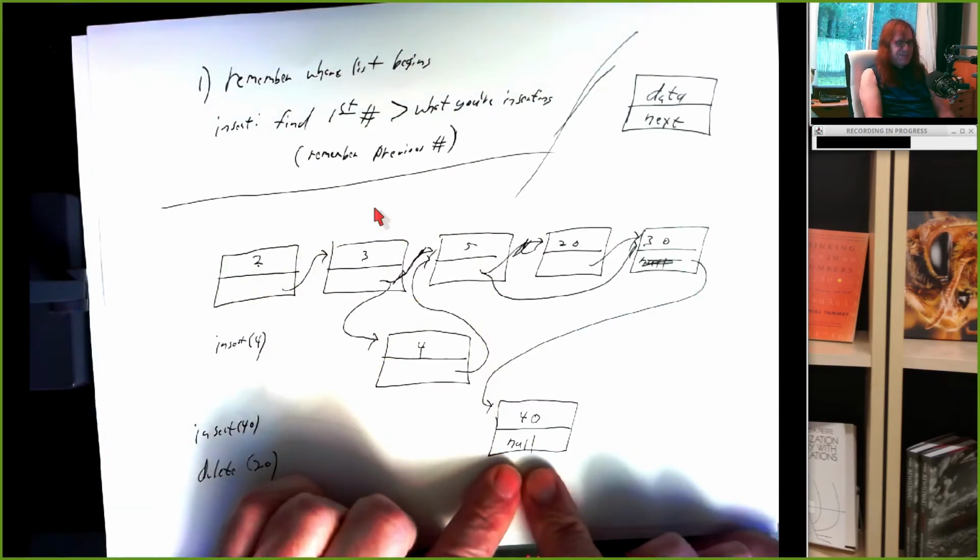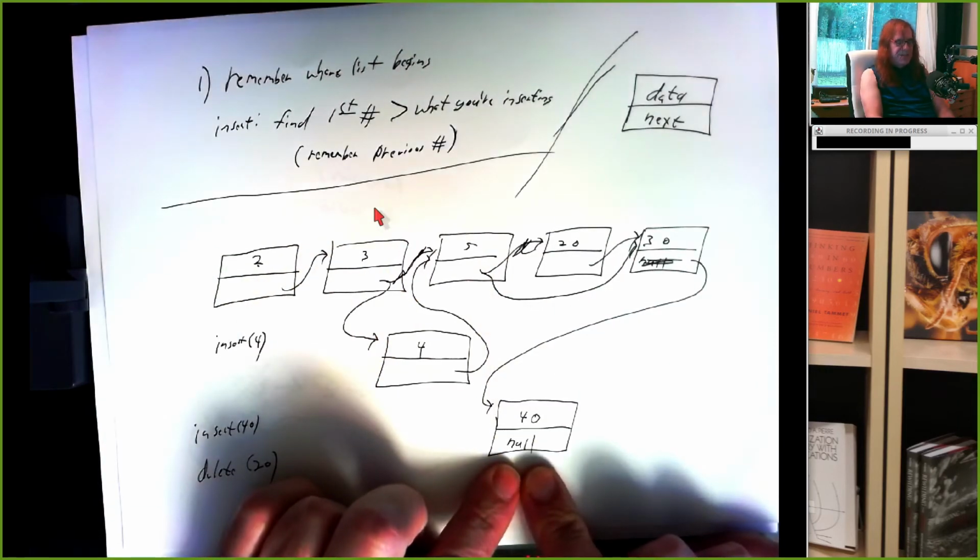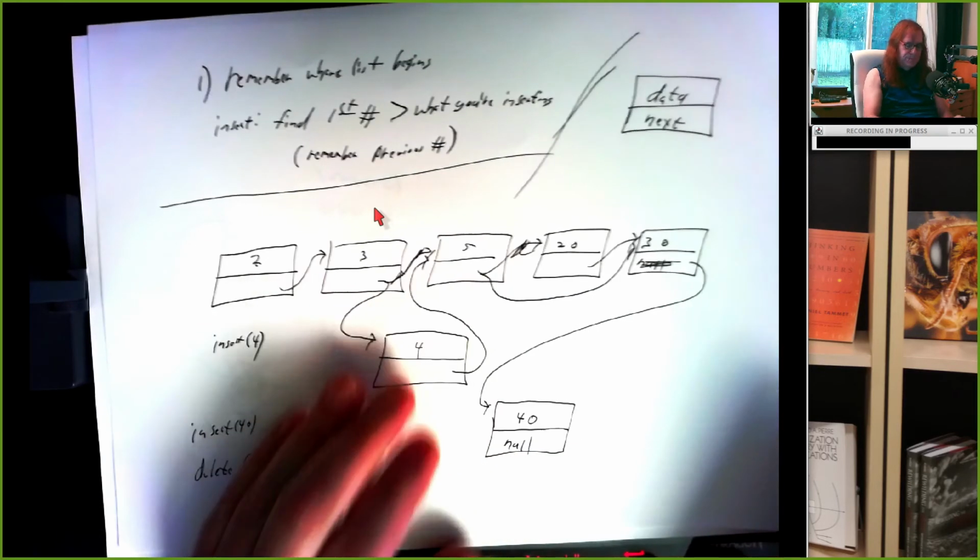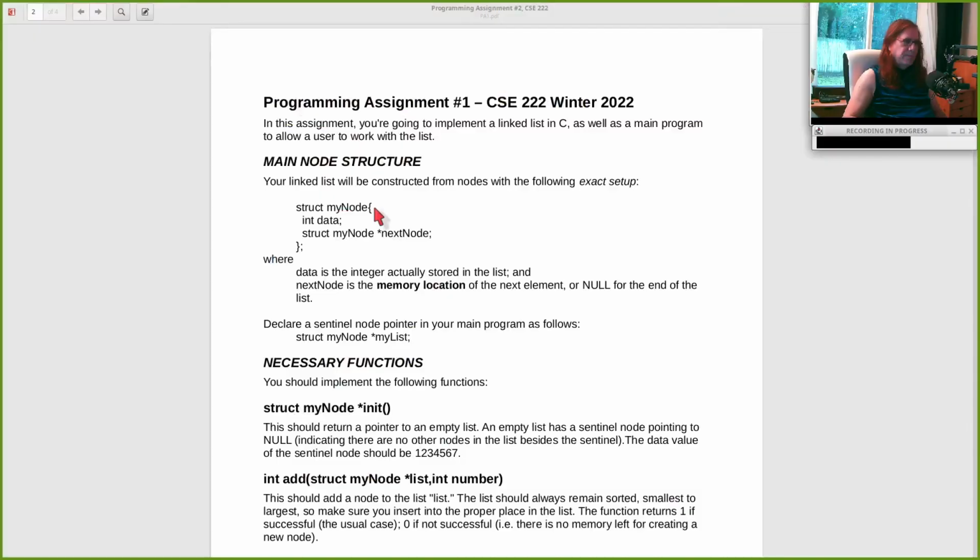Or at which we might find nothing, because it's not actually an address. It's this magic address called null, which is a 0. So that's going to be the basic structure for each of our nodes in our linked list. It's a thing called a mynode. It's got a data and it's got a next node. And next node is null when you reach the end of the list.